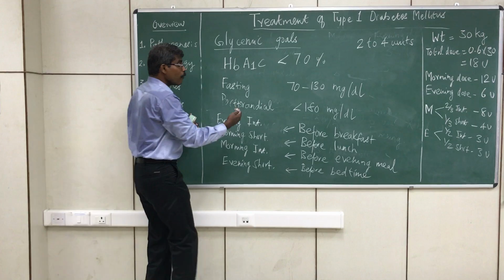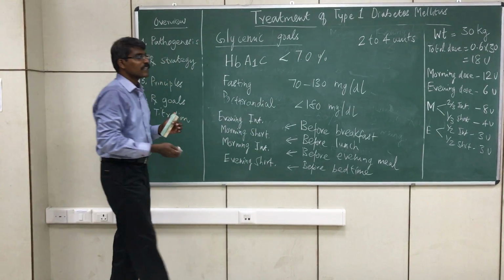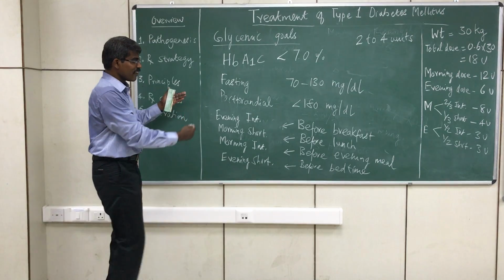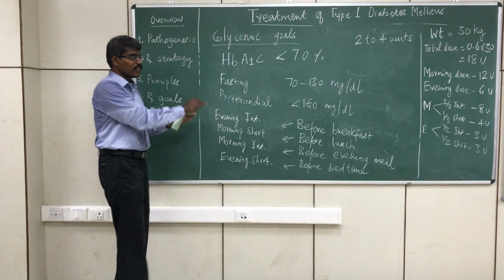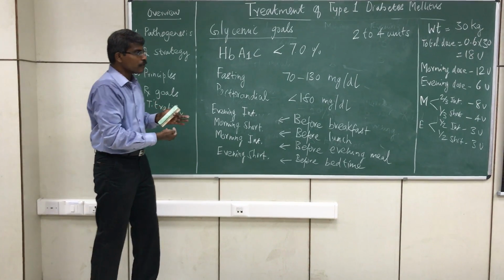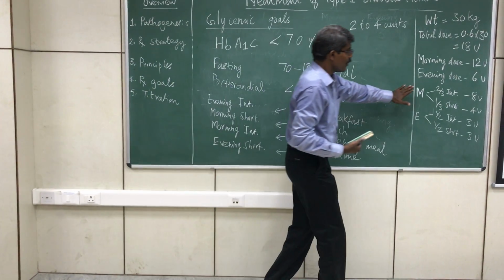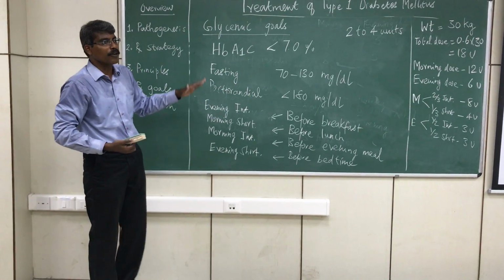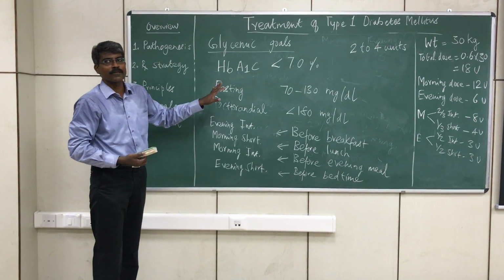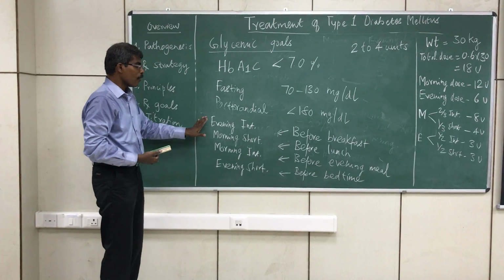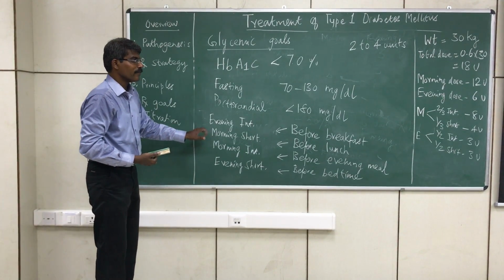If it is above the target, then you need to increase the insulin dose. So you need to see the levels and alter the appropriate component. Still, by altering, we try to maintain the ratio of 2/3, 1/3 and half as far as possible, so that patients who are using premixed insulin can also easily use these injections. So that's about how to titrate and go ahead with this patient.